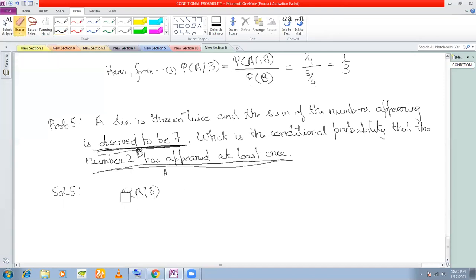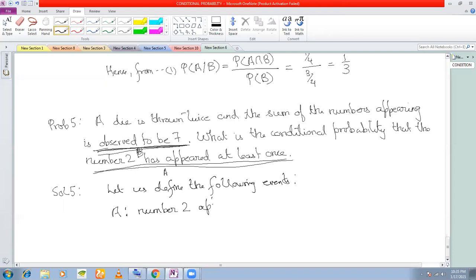So what should be my events? Let us define the following events. What is the event A? According to the question, event A is that number 2 appears at least once.